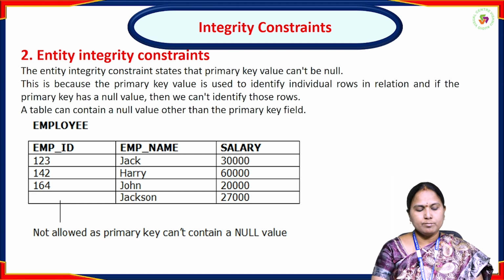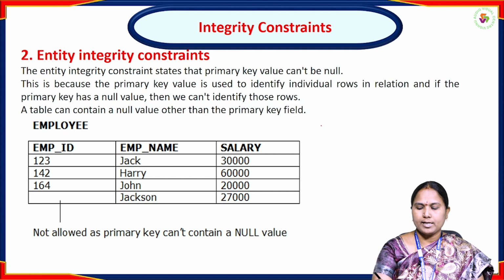Coming to this one, here is the employee table. Under the employee table: employee ID, employee name, employee salary. See here, employee table. This is a schema. Employee ID, employee name, salary.